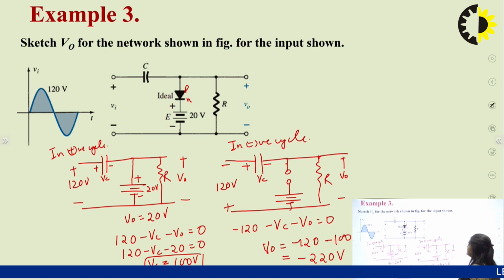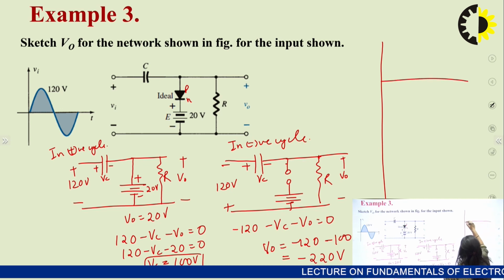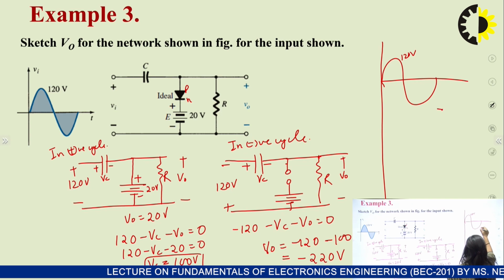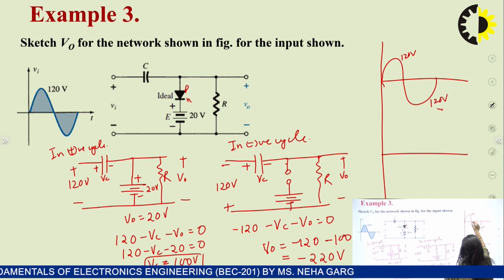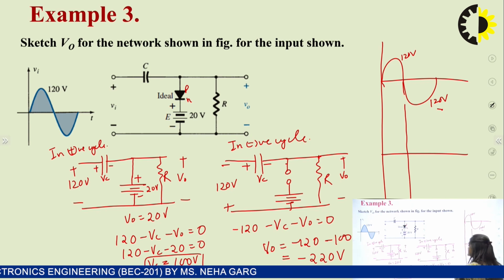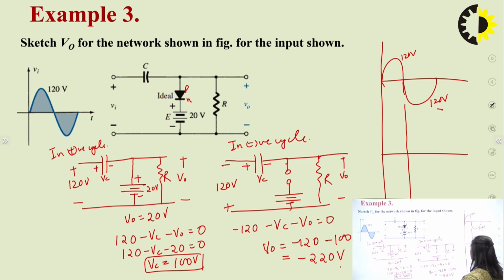So in the negative half cycle, the output will be like this. This is 120 volt and this is minus 120. This was the input. For the output side, we can see for the negative half cycle minus 220 volt is there, and here Vc is 100 volt.